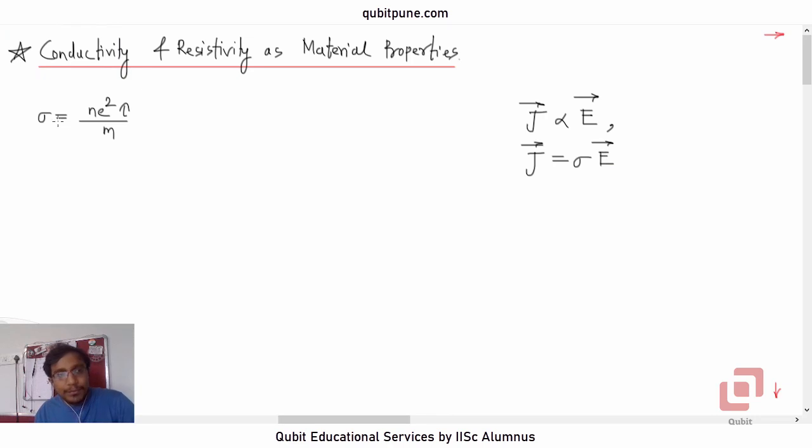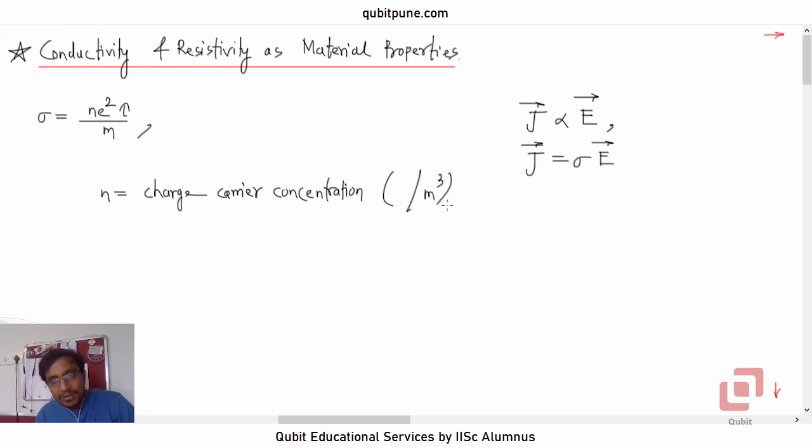That constant of proportionality sigma depends on four things overall. Number one is n. n is defined as the charge carrier concentration. It is measured in per meter cube. How many charges are there per unit volume?